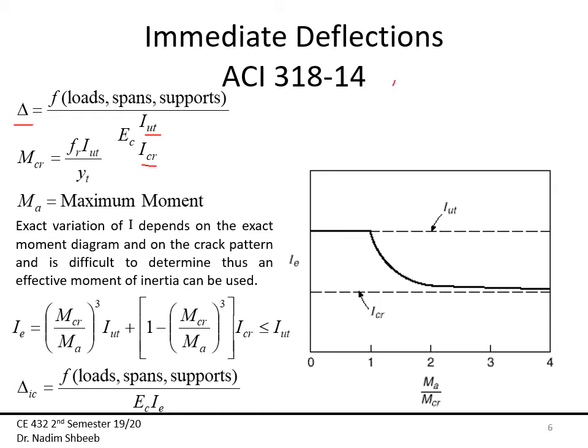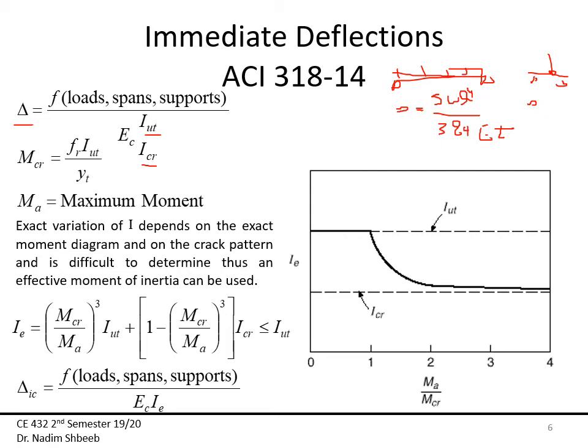And if you remember, if we have let's say a distributed load like this, then delta for that was 5WL to the 4 divided by 384 EI. Okay. Now, when we had, let's say, a concentrated load, then delta was something else.